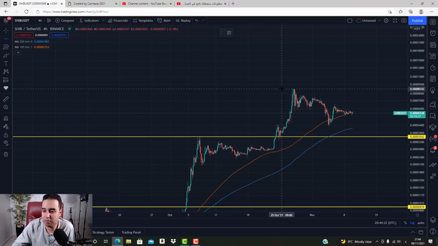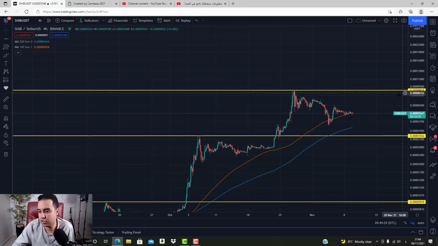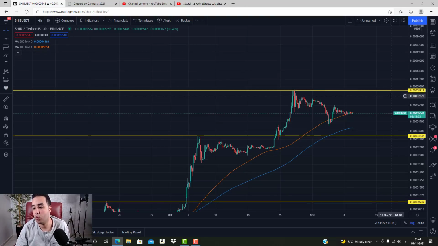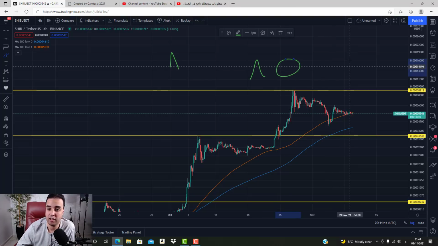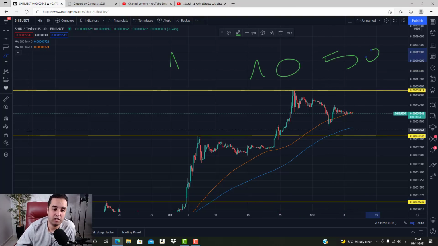Then guys, before achieving 0.0001, or some people call it 10,000, depending on how you read these numbers, make sure to avoid the round numbers, like for example $1, $10, $50.